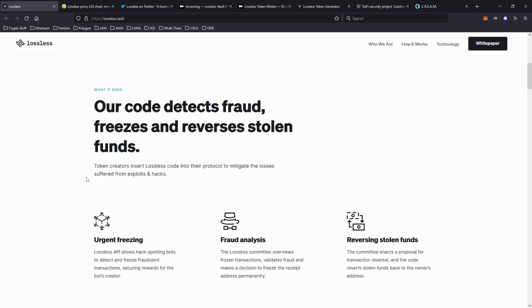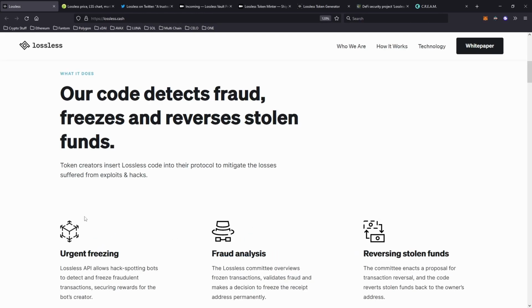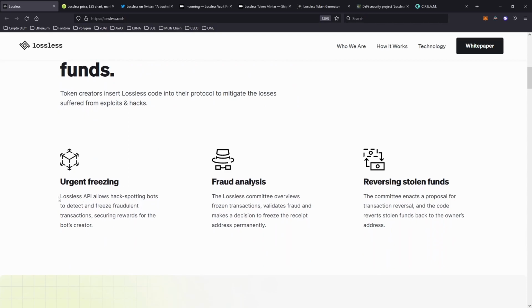The summary they've got down here is a 3-step process: urgent freezing, fraud analysis, and reversing stolen funds. What happens behind the scenes is that people can interact with the Lossless API and build their own bots to detect hacks, like the recent Cream hack, which I was involved in unfortunately, and report it to the Lossless API.